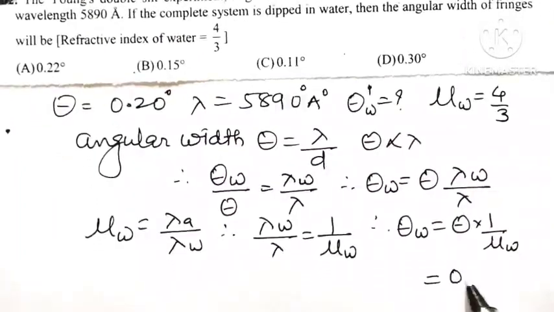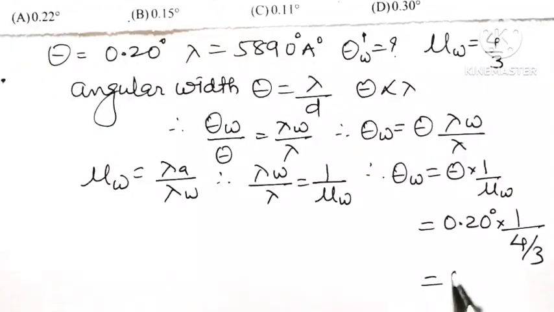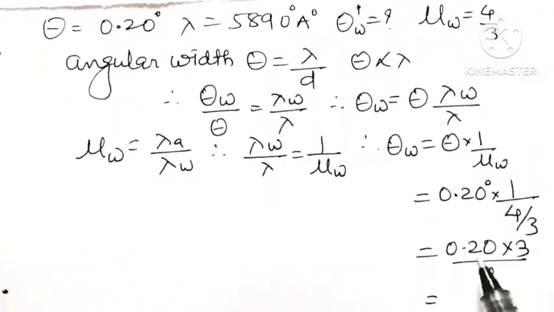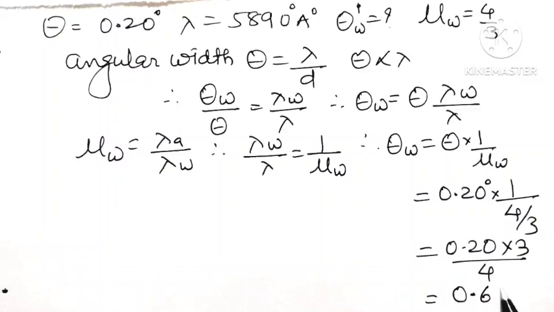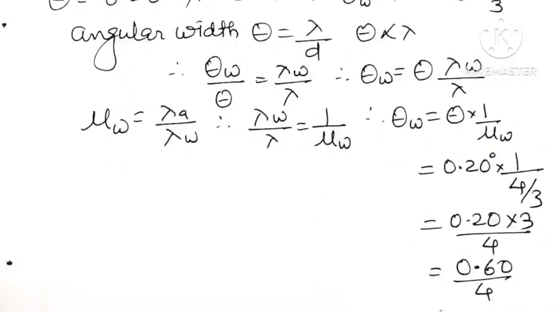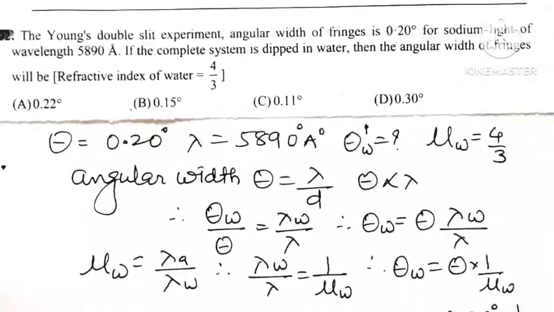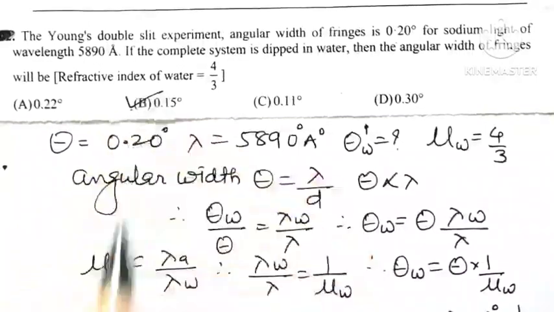That is 0.20 degree divided into 1 upon 4 by 3, which equals 0.20 into 3 divided by 4, that is 0.60 divided by 4, so it is equal to 0.15 degree. So the new angular width when the entire setup is deep in water is 0.15 degree. Out of 4 options, option B is the correct option for this question.